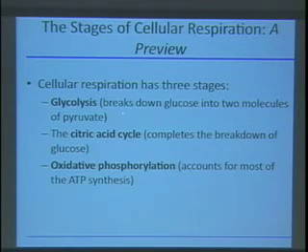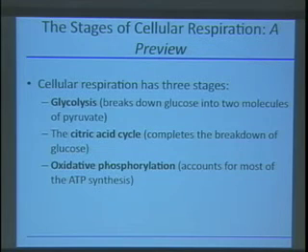Glycolysis is the breakdown of glucose into 2 molecules of pyruvate, right? So this is the process that really starts off cellular respiration. Once these pyruvate molecules are produced, they enter a pathway called the citric acid cycle, which leads to the complete breakdown of glucose.